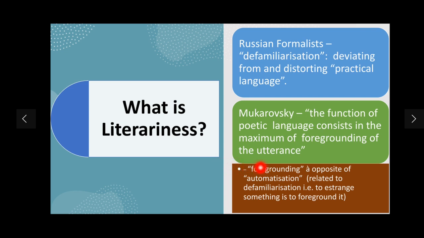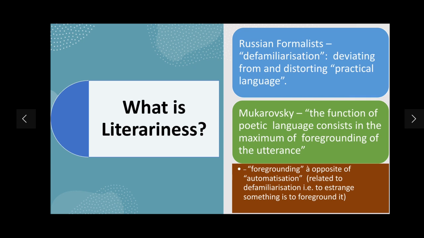Foregrounding is related to defamiliarization. To estrange something is to foreground. So when you foreground something, it means you are defamiliarizing something. Defamiliarization is the opposite of automatization.